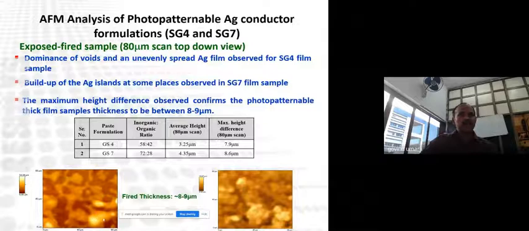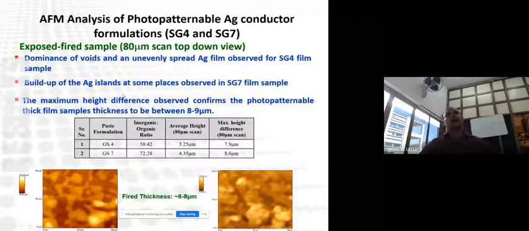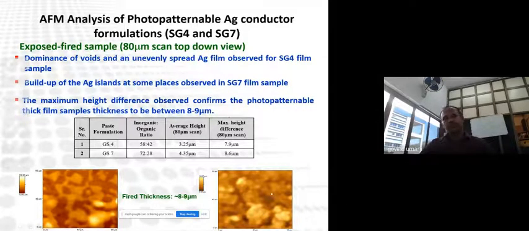See, this is the island. Islands are at some places in both, but in the SG7 sample we have more dense particle size, dense growth of the microstructure, and the maximum height difference confirms that the photopatterned thick film thickness is in the range of 8 to 9 micron.